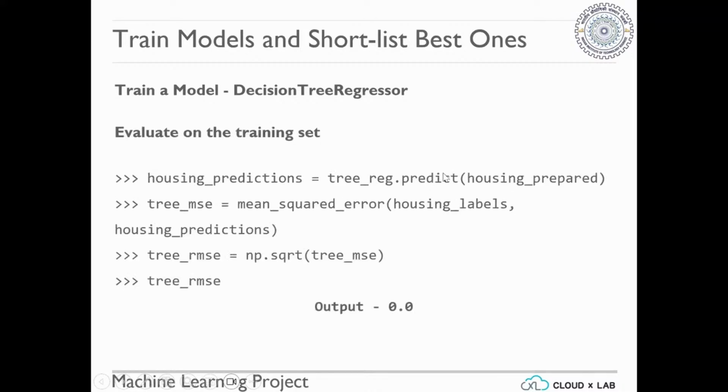We provide the actual labels and the labels predicted by our trained machine learning model. It will calculate the mean square error, and then to get the root mean square error, we use the square root function.